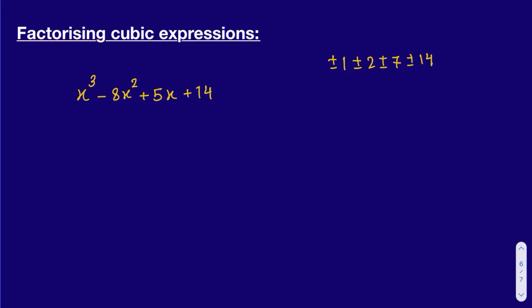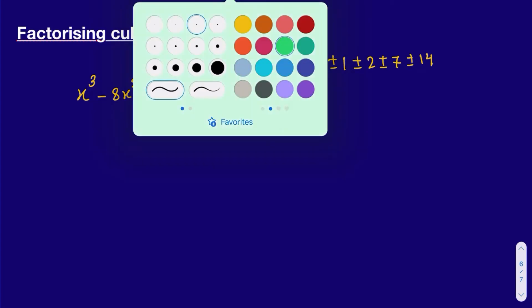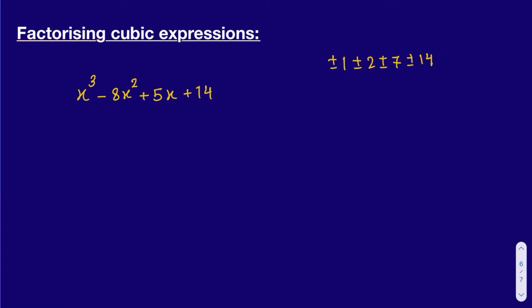So let's get started with 1. I will substitute 1 into the original equation. If I replace x by 1, let's see what will happen. 1 to the power of 3 minus 8 times 1 to the power of 2 plus 5 plus 14.